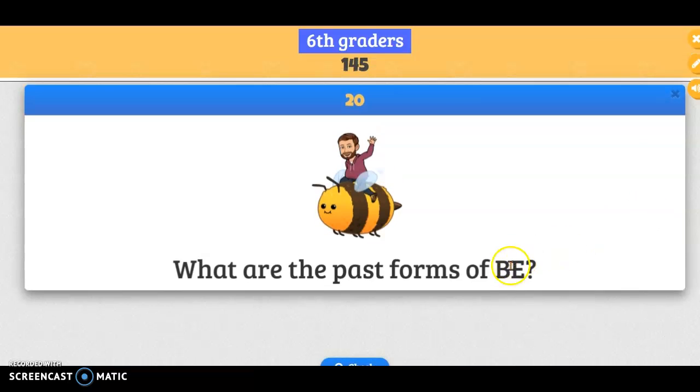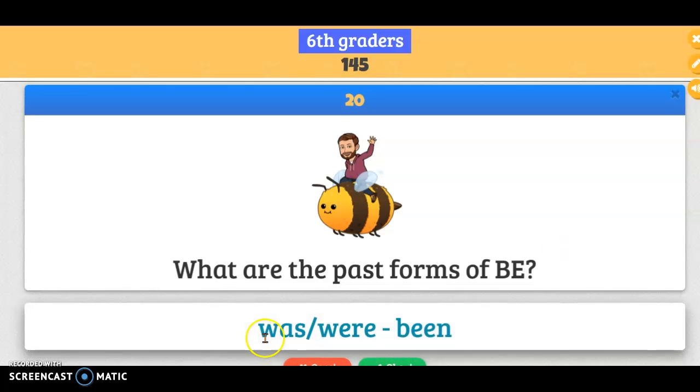Let's continue with be. Also a tricky one, but it's one of the most important verbs out there. Remember that be in the present is am, is, are. Like I am a teacher, you are a student. Now if we want to say that in the past, we use was or were.